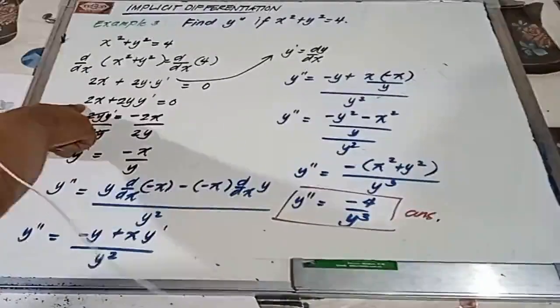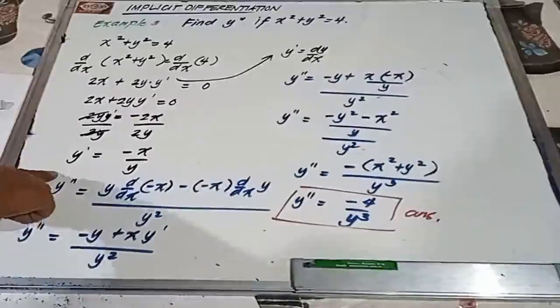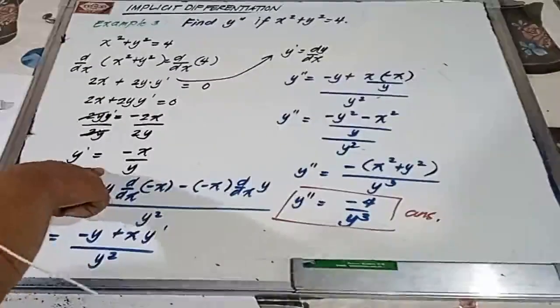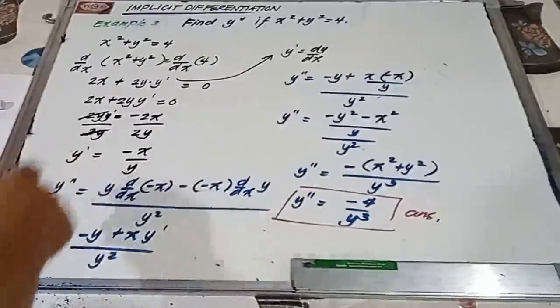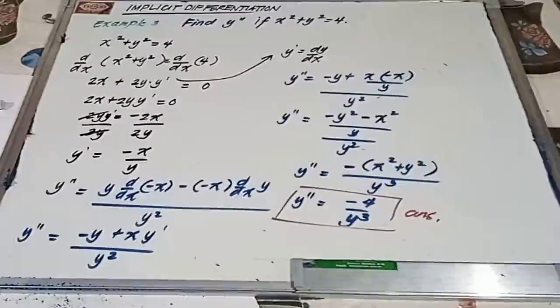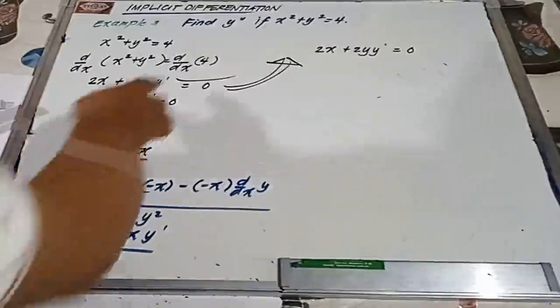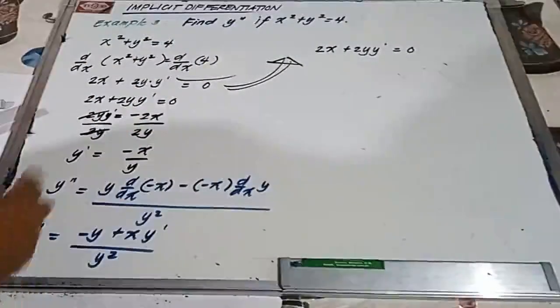By the way, from here we can solve the second derivative of the function without solving y prime, kasi naging quotient rule pa dito. Okay? So from here, I'm going to solve the second derivative. Yung kanina, humaba yung solution natin in finding the second derivative of this function.